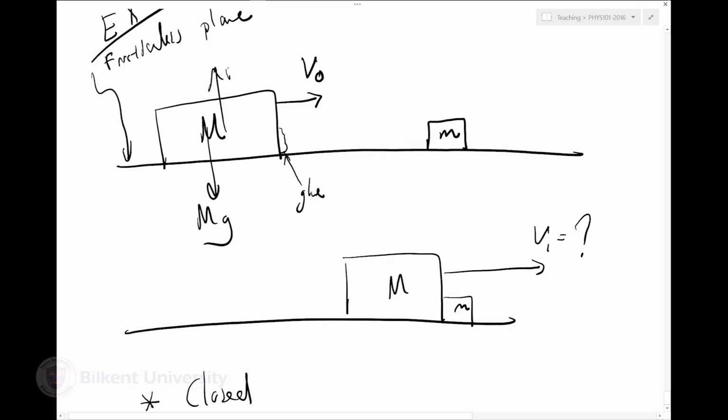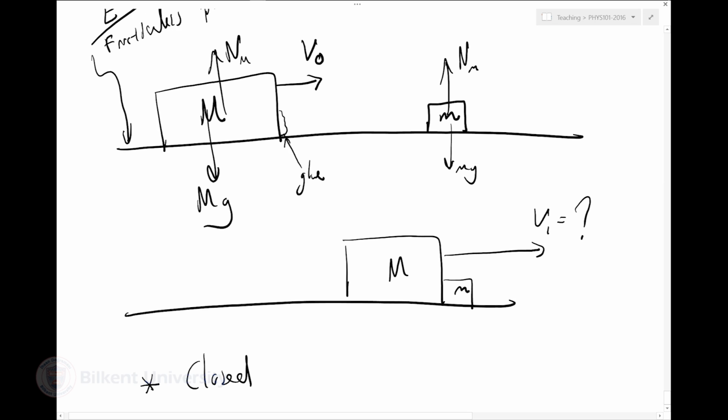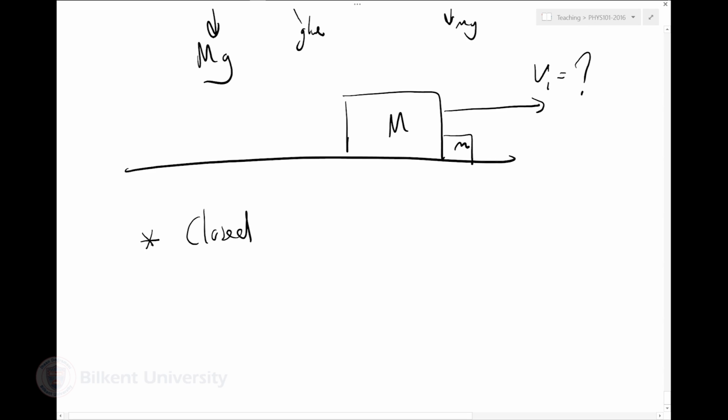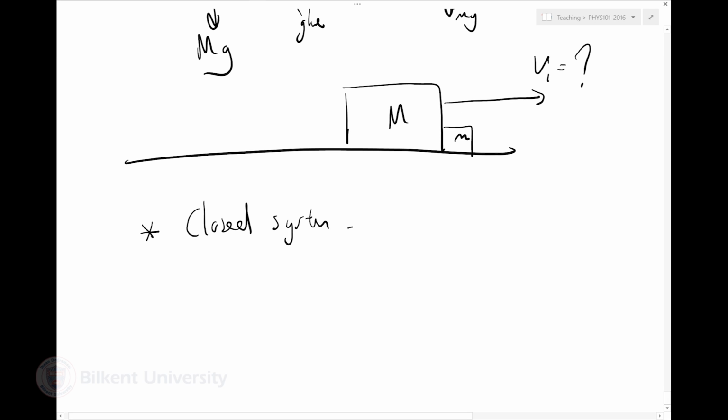There are external forces, but whatever Mg the first mass feels will be cancelled by the normal force. Similarly, small mg will be cancelled by the normal force acting on that. So the net force on the system is exactly 0. So it's a closed system. If I have a closed system, then momentum is conserved.